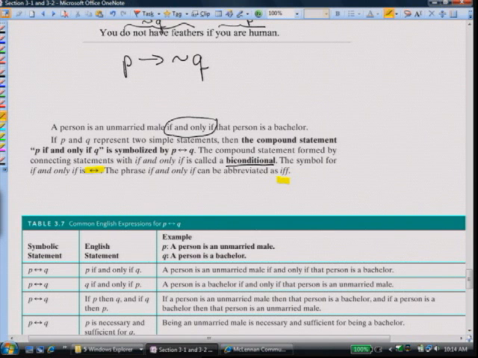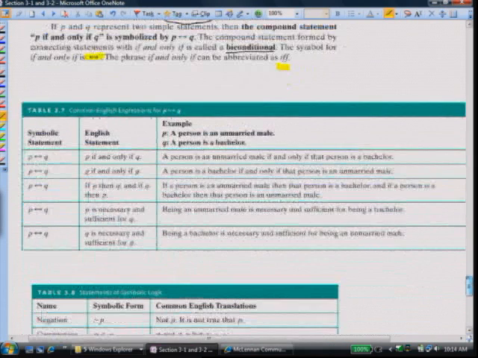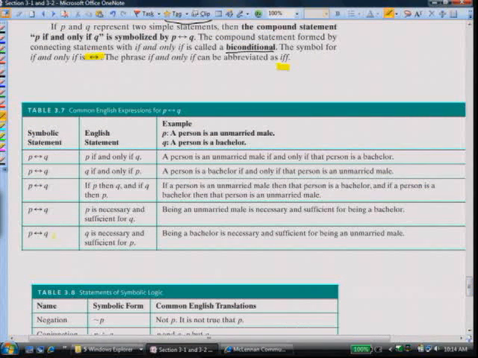Okay, so again, we have the symbolic statement, and then we're looking at the English statement that it could be, and some examples. P if and only if Q could be a person is an unmarried male if and only if that person is a bachelor. Q if and only if P, so you can just switch it around: a person is a bachelor if and only if that person is an unmarried male.